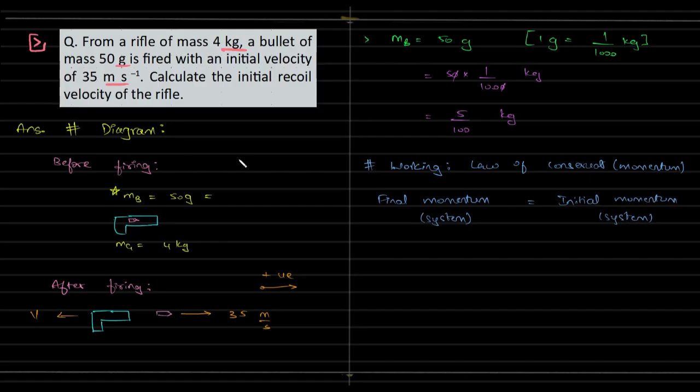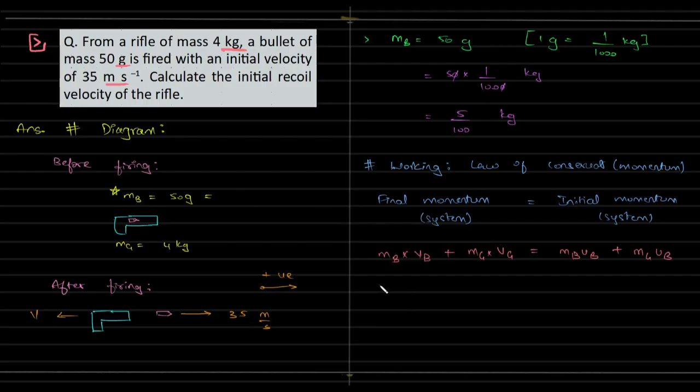So what is the final momentum? We have mass of the bullet into final velocity of the bullet, plus mass of the gun into velocity of the gun, is equal to, what is the initial condition? Mass of the bullet into initial velocity of the bullet plus mass of the gun into initial velocity of the gun.